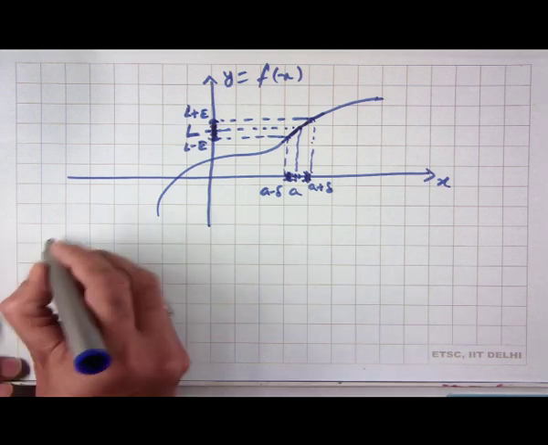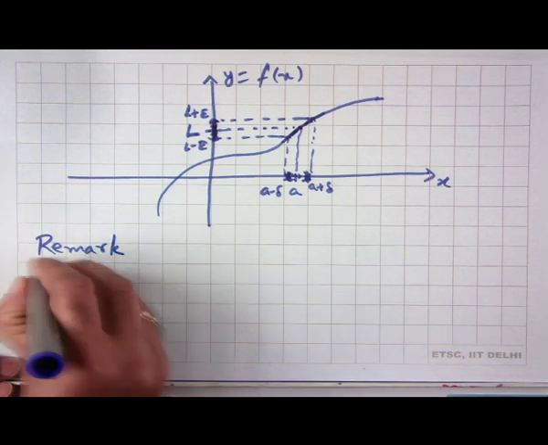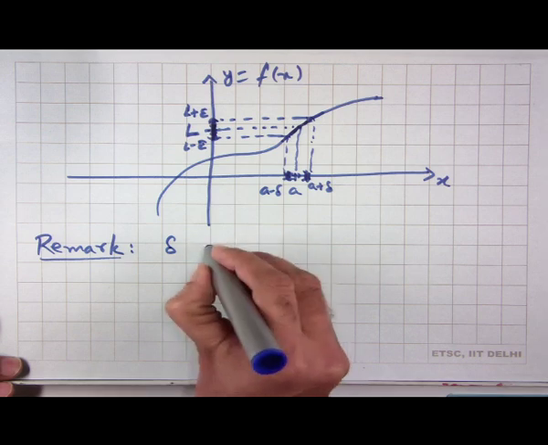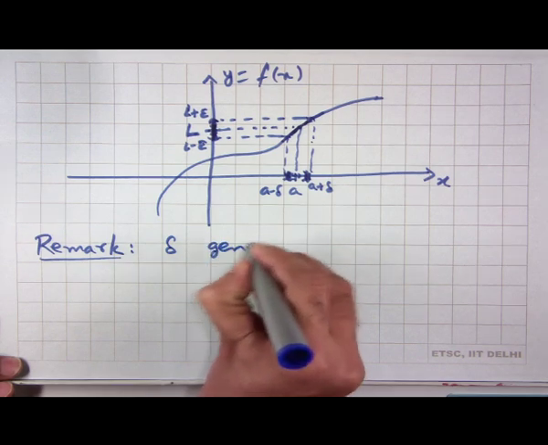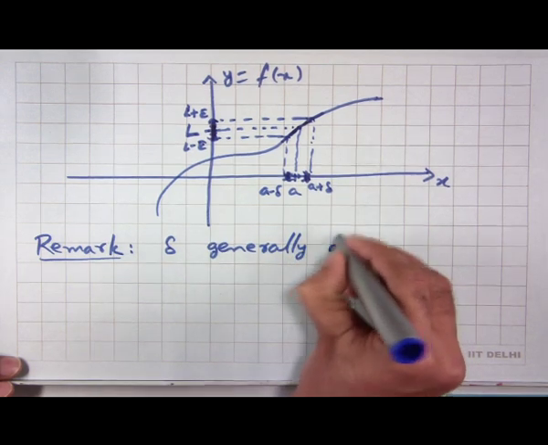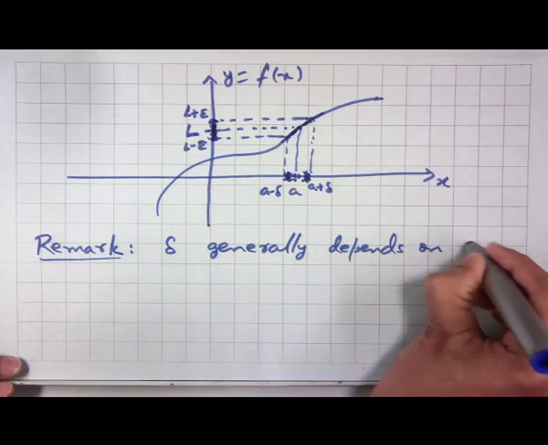Remark: delta generally depends on epsilon.